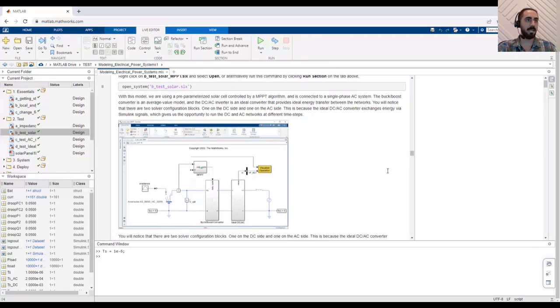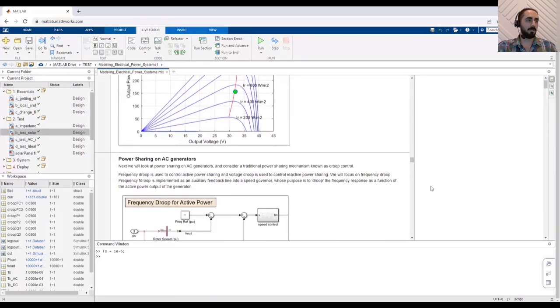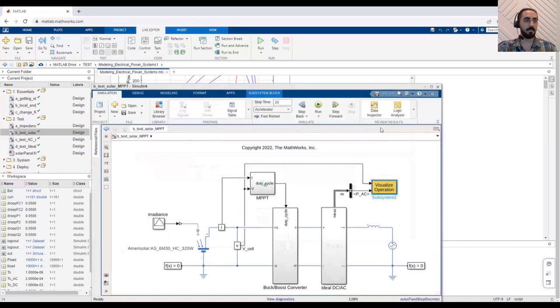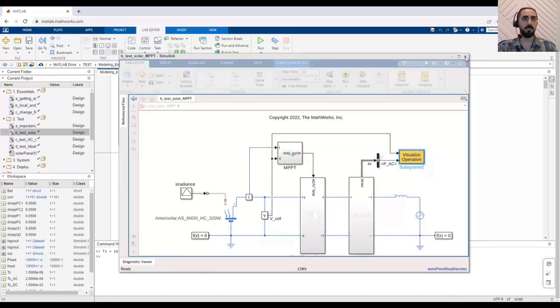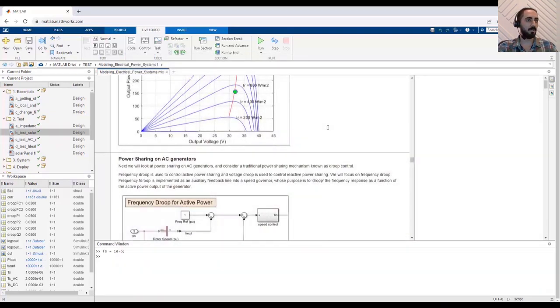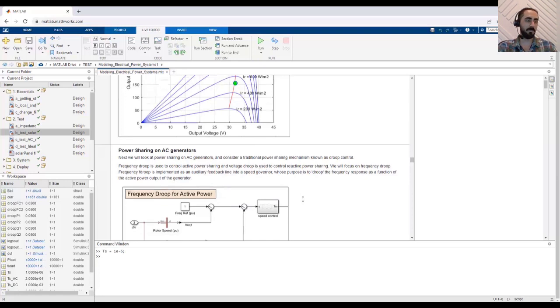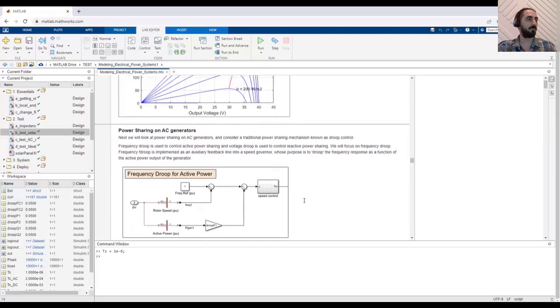So I'm going to close this down and scroll down to go to the third example that we have in here. I'm going to close the previous model and open up the power sharing. We want to test the power sharing on AC generators. We want to look at the traditional mechanism of power sharing, which is called frequency droop, which is for active power.